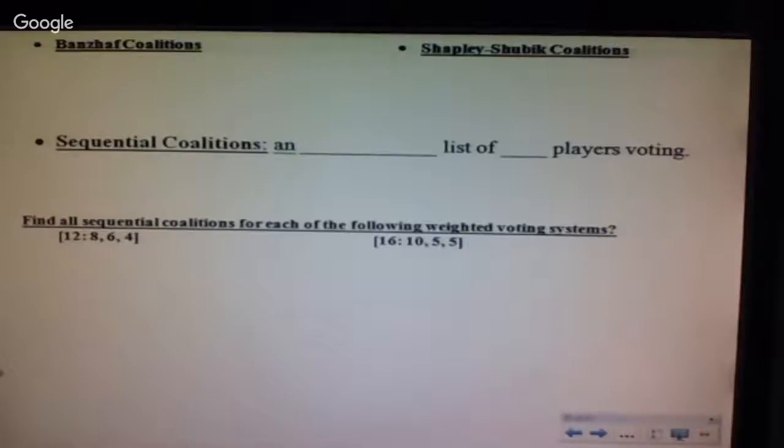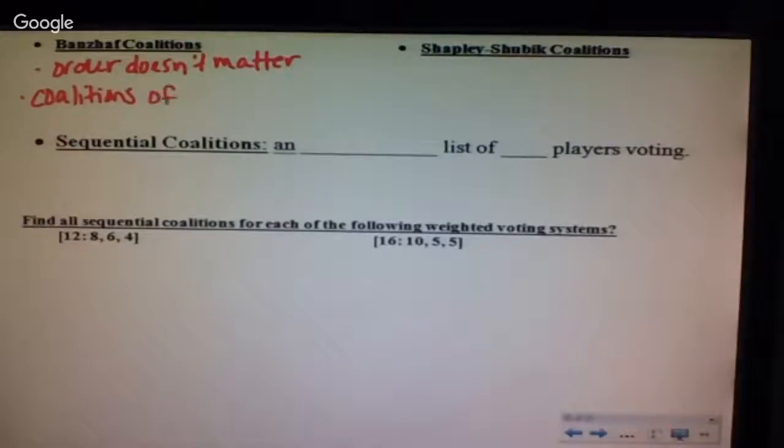All right. So yesterday we talked about Banzhaf, where order doesn't matter. Also, in Banzhaf, you could have coalitions of 1, 2, 3 players.